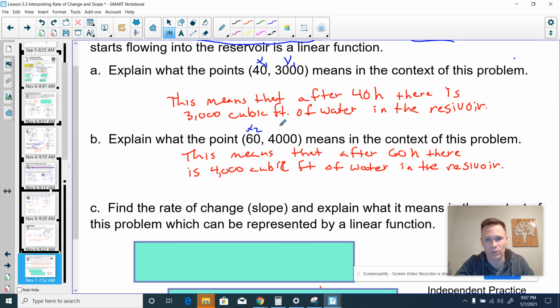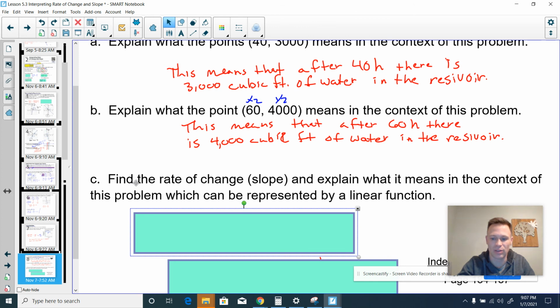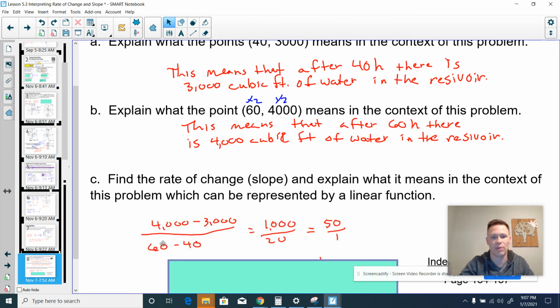This is X2, Y2. So I'll have 4,000 minus 3,000 over 60 minus 40. That gives me 1,000 cubic feet of water over 20 hours. And if I simplify that further, that gives me 50 cubic feet of water per hour.